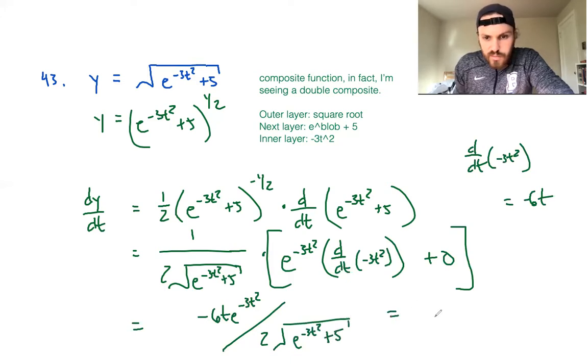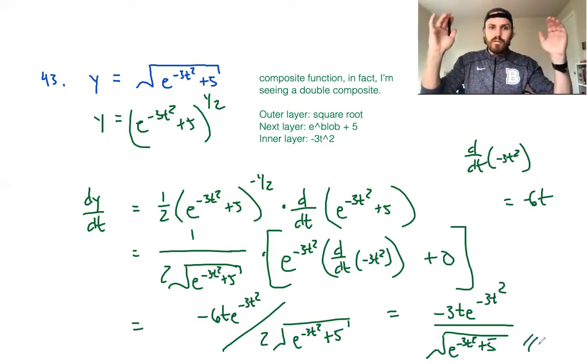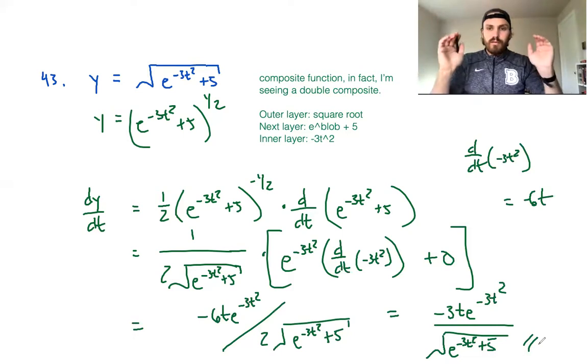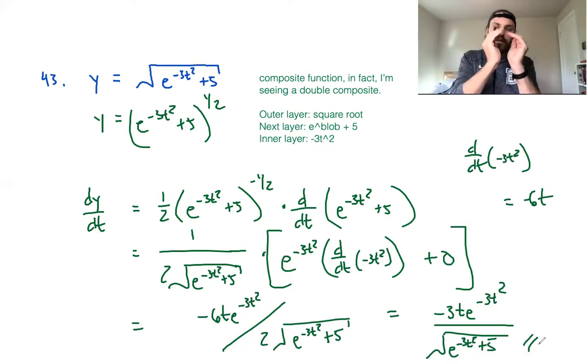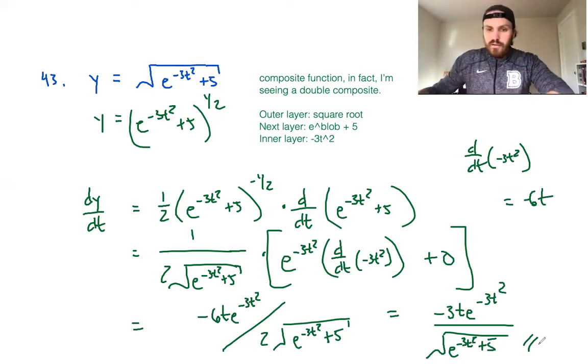And that should just be negative 3t e to the negative 3t squared all over the square root of e to the negative 3t squared plus 5. Okay, so we took the derivative of the root, then the e to the blob plus 5, and then when we took the derivative of the e to the blob, or the e to the negative 3t squared, we had to multiply by negative 6t, which is the derivative of that final layer.